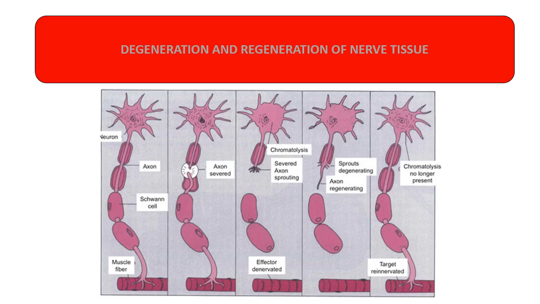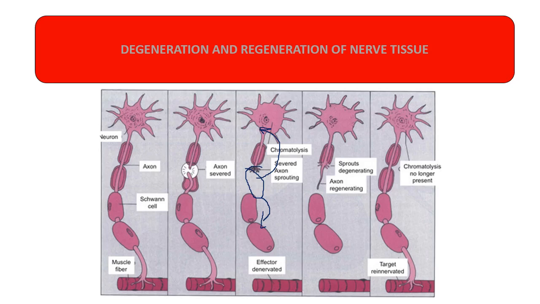Notice with me how regeneration of the nerve fiber occurs. This site is called traumatic. This site is called retrograde. This site is called Wallerian degeneration. How does regeneration of the nerve occur? By the aid of the Schwann cell, the very important cell which aids in the regeneration of the nerve fibers in the peripheral nervous system.